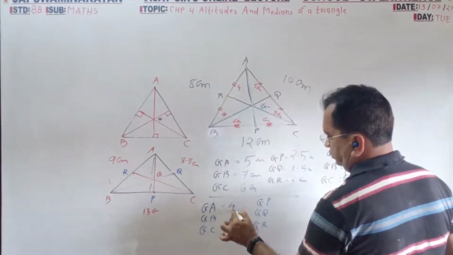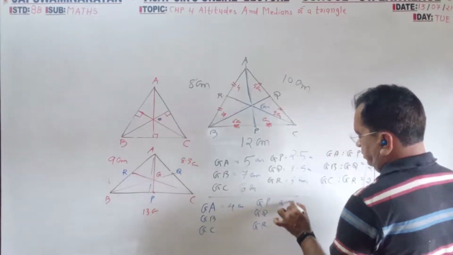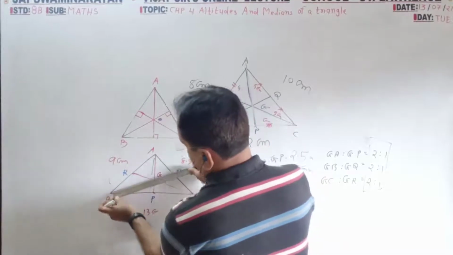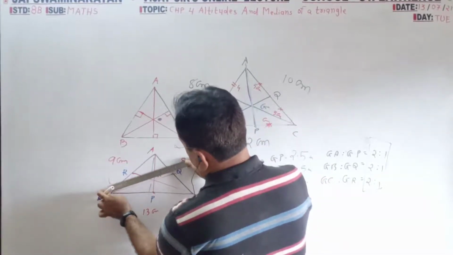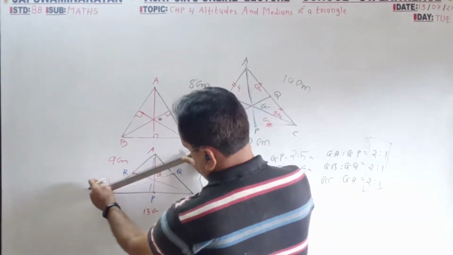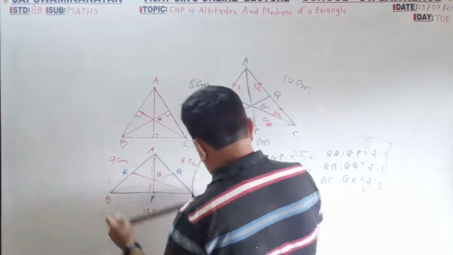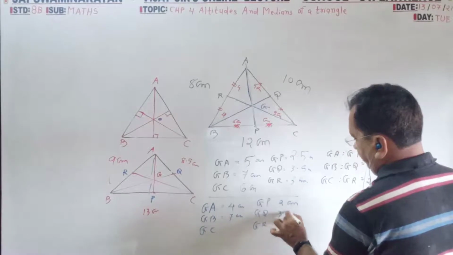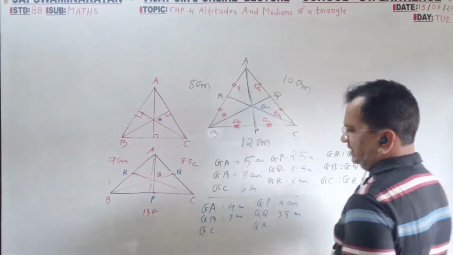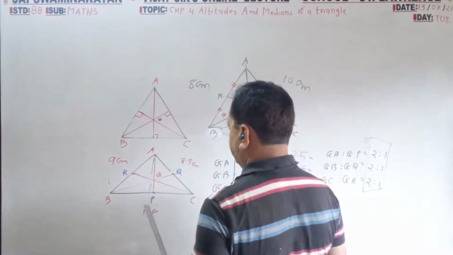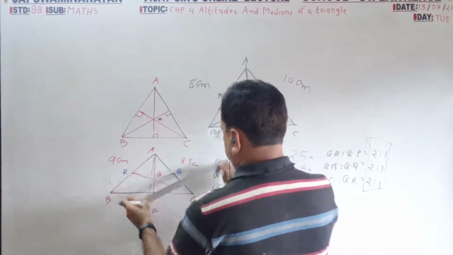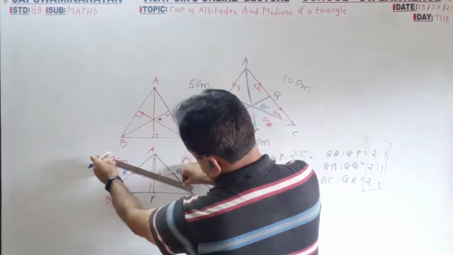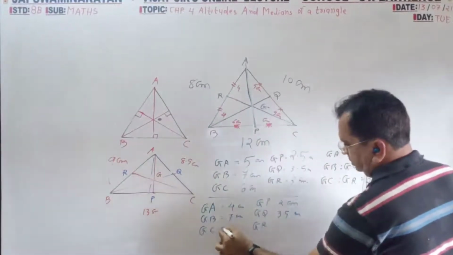So it is 4 centimeter, 2 centimeter from B. Seven, 3.5 centimeter. Now this. Six and 3.